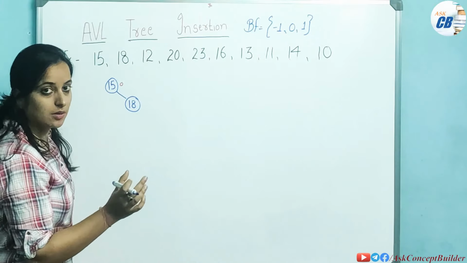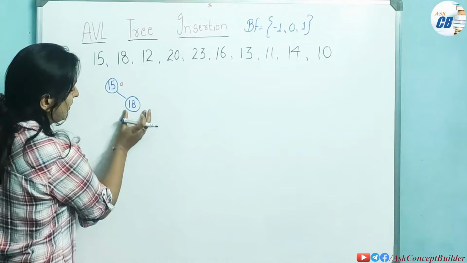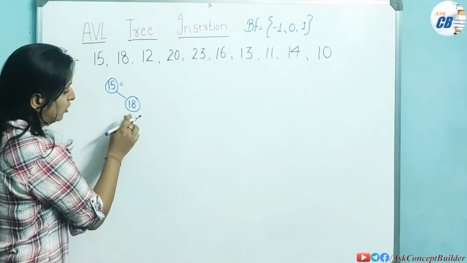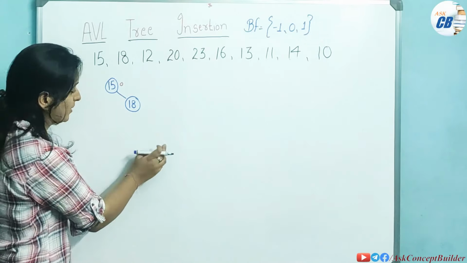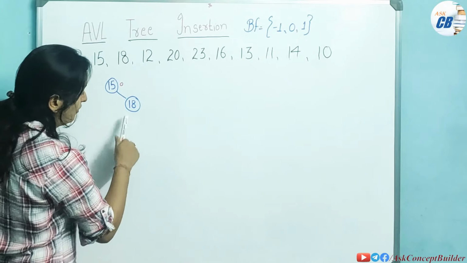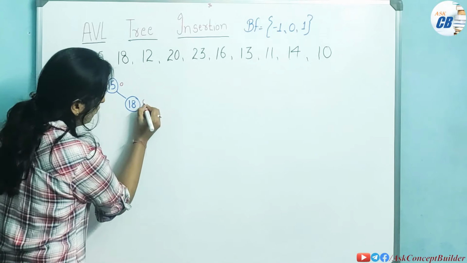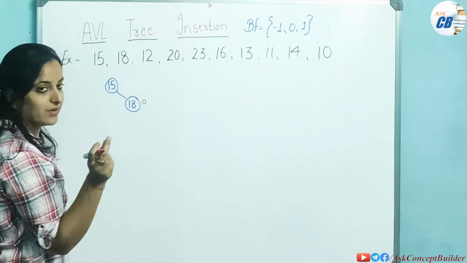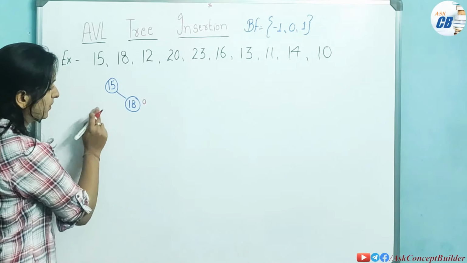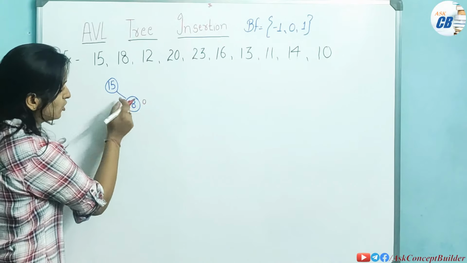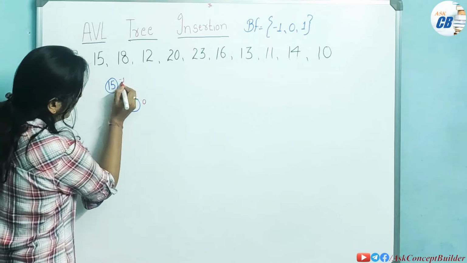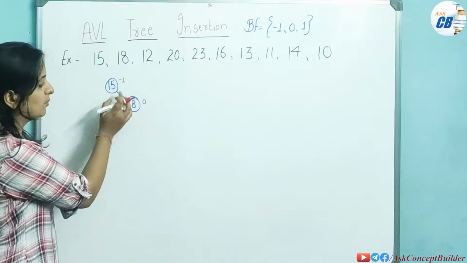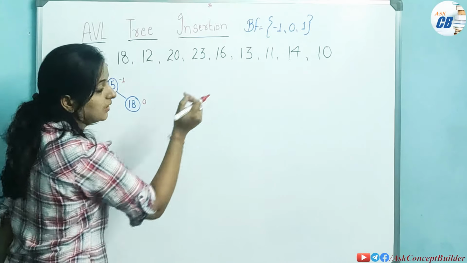Balance factor for 18 is 0, as it is a leaf node. For 15, it will be height of left subtree, 0, minus 1, which is -1. Again your tree is balanced because both balance factors are within this range.